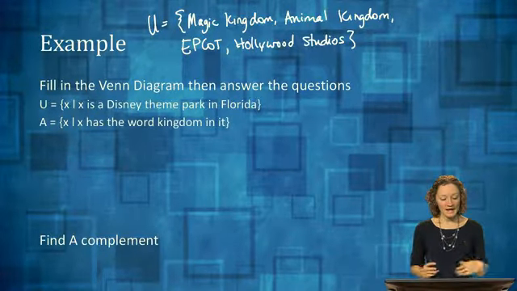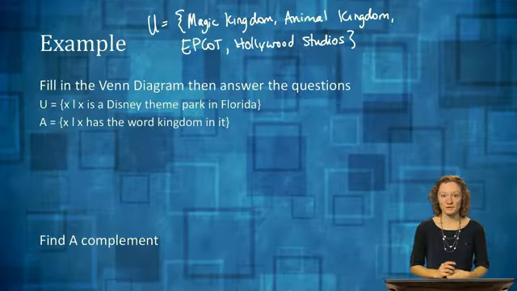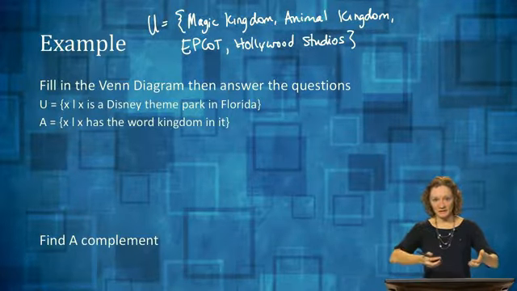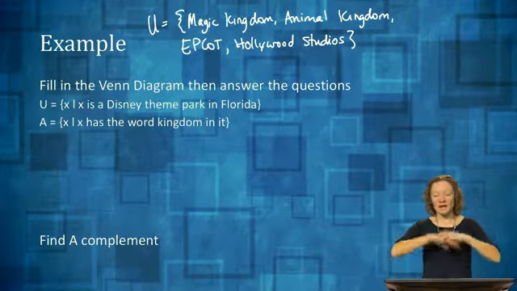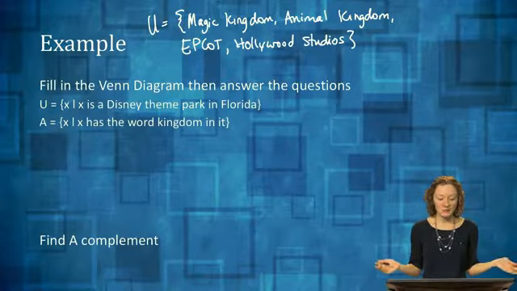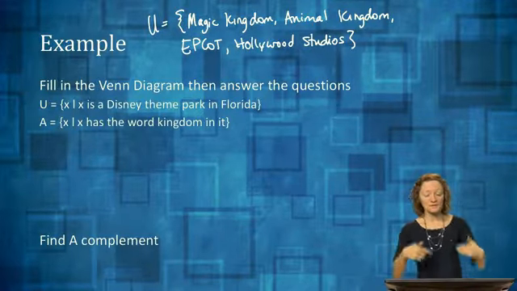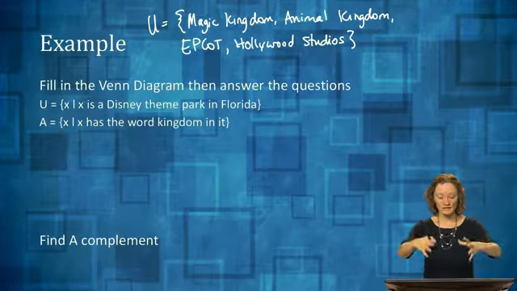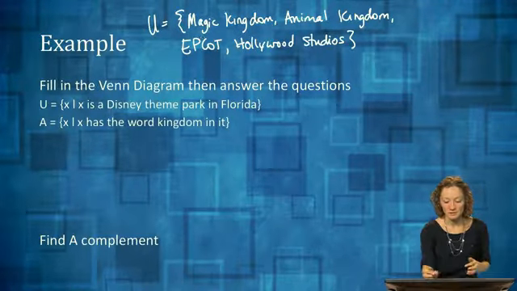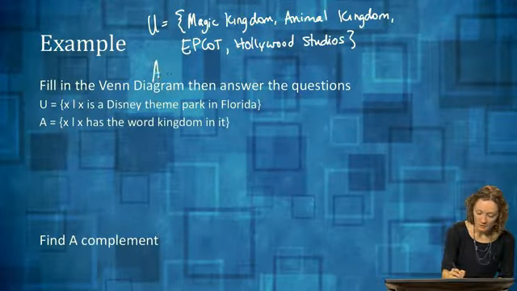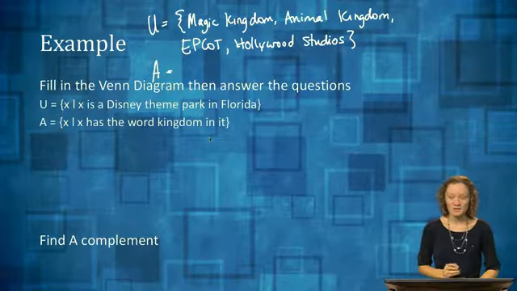And then we have set A, which is all elements that have the word kingdom in it. Now, if we hadn't defined the universe, set A would have to be every single thing that exists anywhere that has the word kingdom in it. But since we've defined the universe, we are only looking at the options that exist within the universe. So from the universe, set A is everything that has the word kingdom in it.